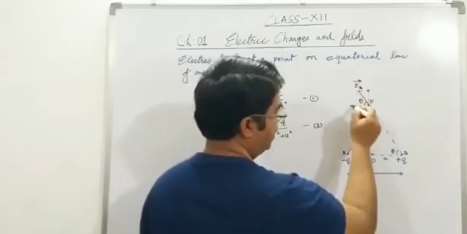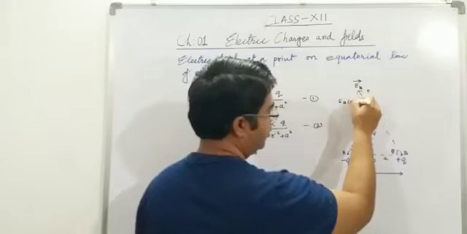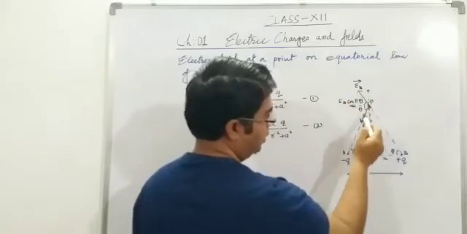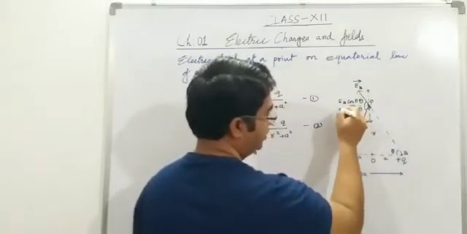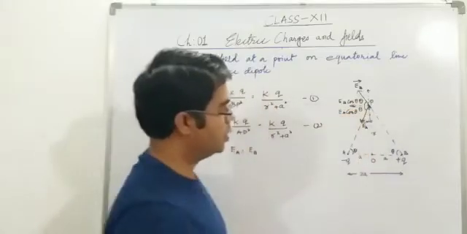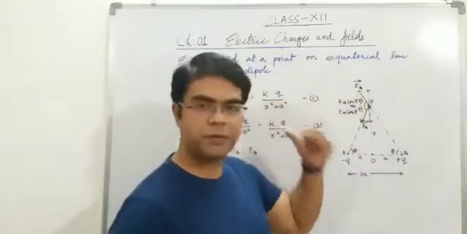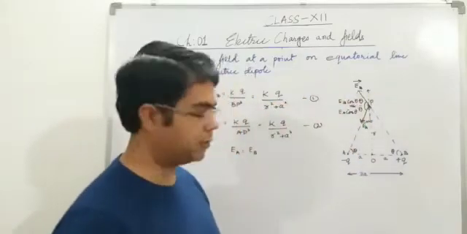So this component is equal to EB cos theta, and the component of EA is equal to EA cos theta. Both these components are acting in the same direction, and therefore this is the direction of the resultant electric field.